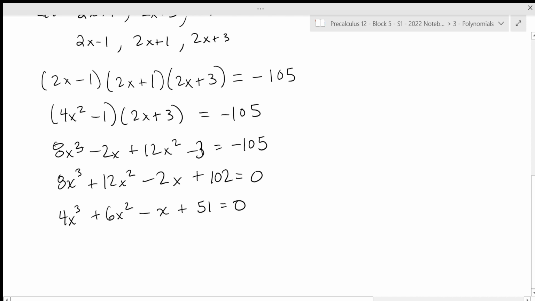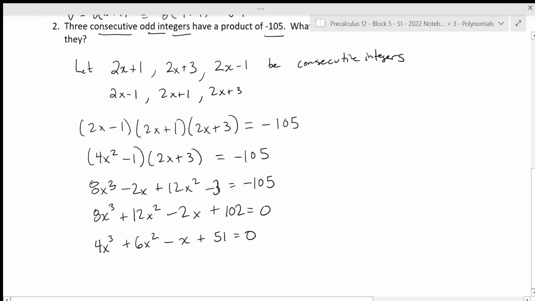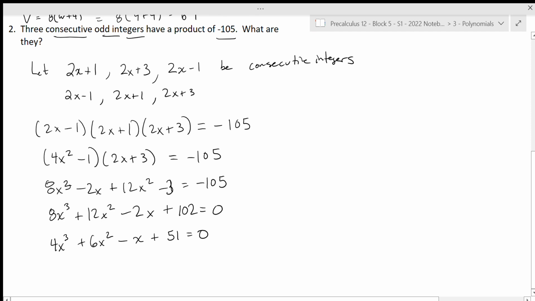Okay, so I'm looking for roots. I'm looking for numbers that divide evenly into 51. I feel like something went a little funky sideways here. That's okay. So what numbers actually go into 51? Well, I know 3 goes into 51.